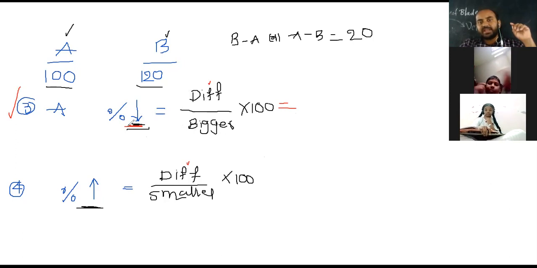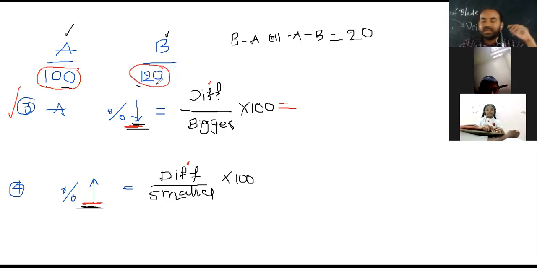So when they ask percentage less, write the bigger number as denominator. When they ask more, write the smaller number as denominator. Out of the given numbers, which one is smaller and which one is bigger? Can you see and tell me or not?